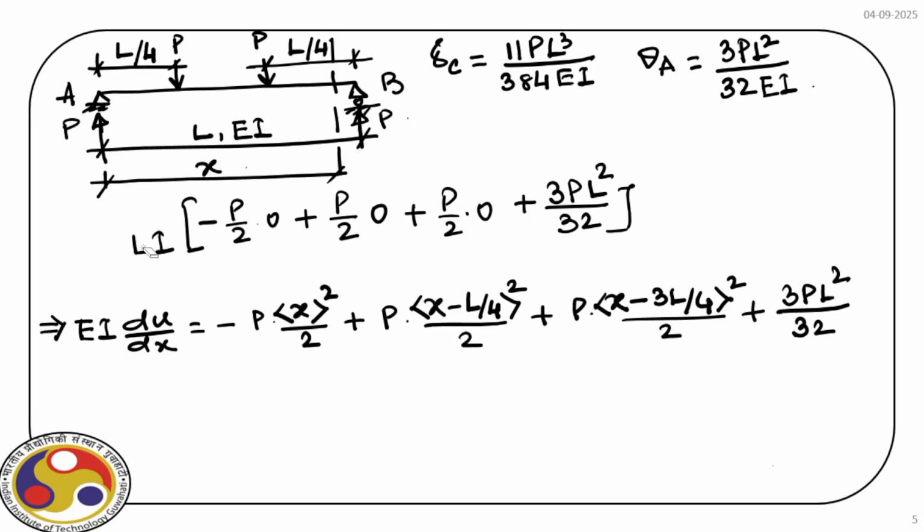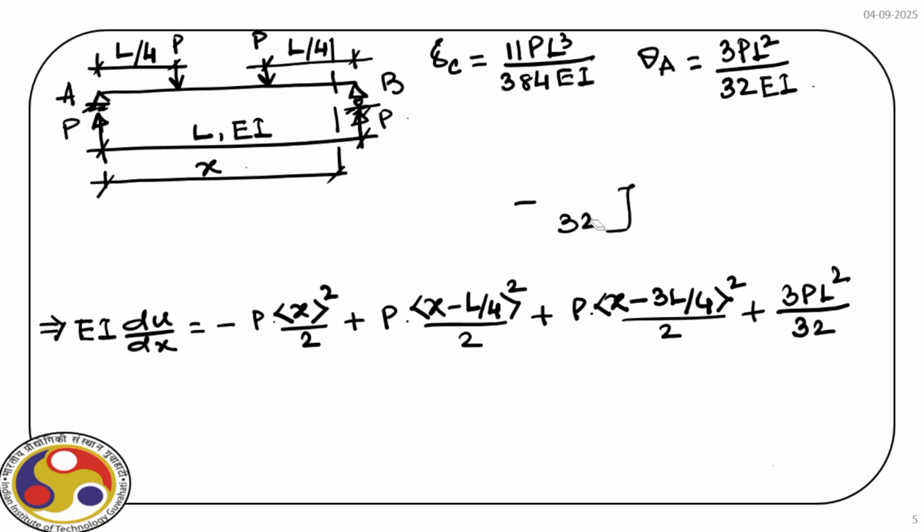Now the remaining task is to find out the slope at the extreme end, that is x equal to L. Now for that, again in this expression we have to put x equal to L, and let us see what we get.